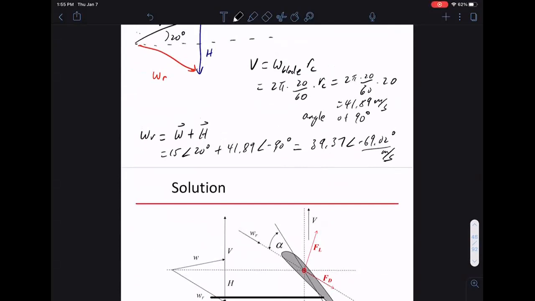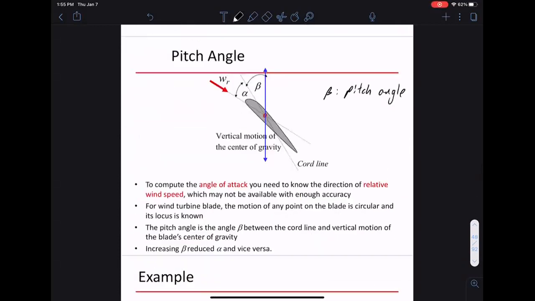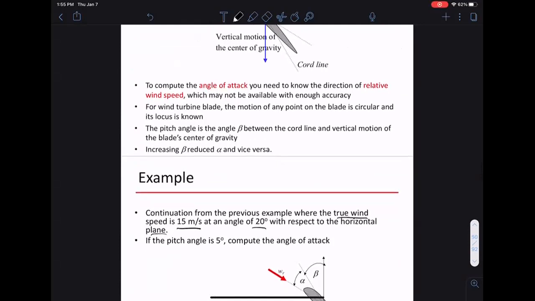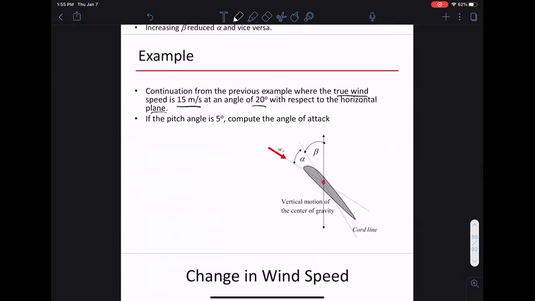If you look at this angle, this is the vertical line, this is 90 degrees, and this is the horizontal plane. Then the relative wind speed creates an angle of 69.02 degrees.